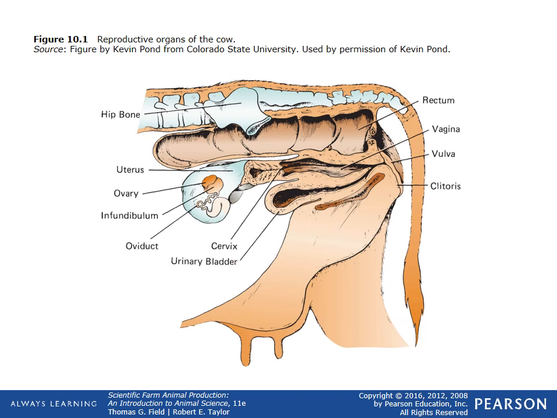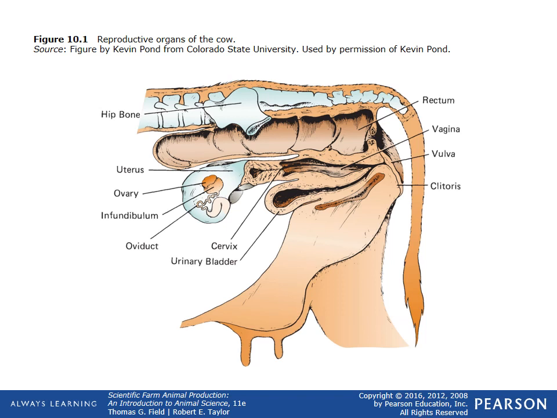Here is a side view cutaway of the reproductive organs of the cow. Notice we start at the vulva at the back and go into the vagina, and then right about the pelvic shelf you'll see the cervix sitting there.